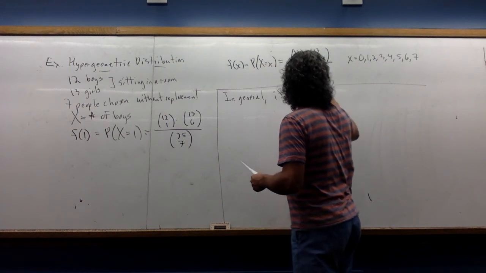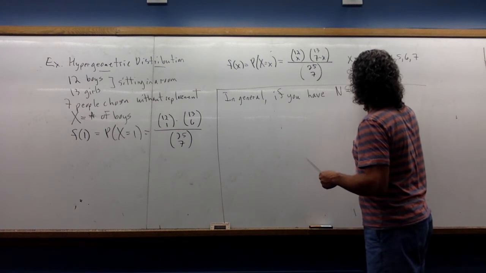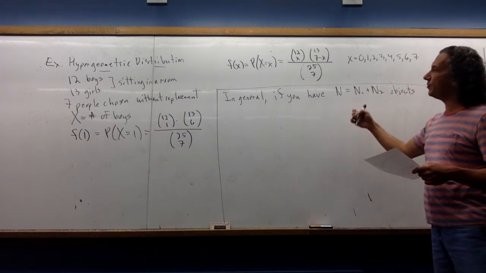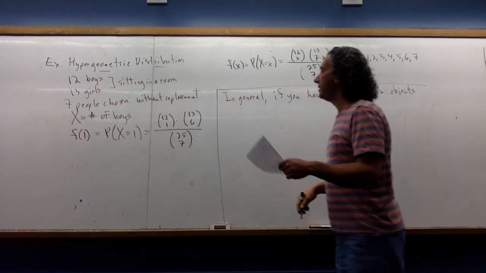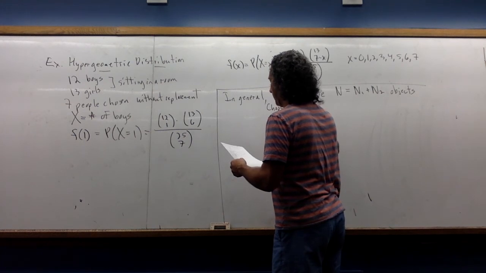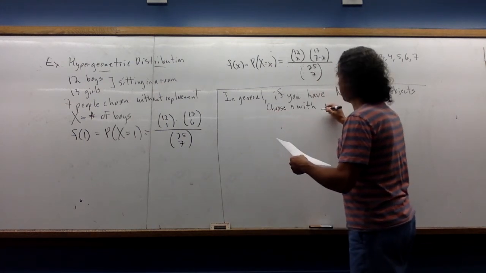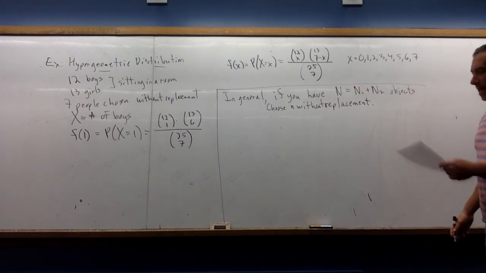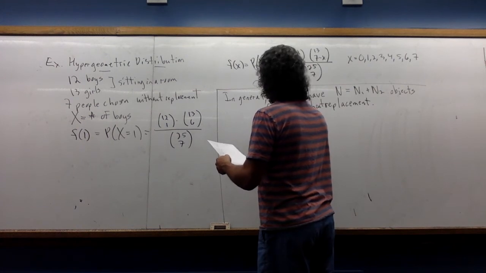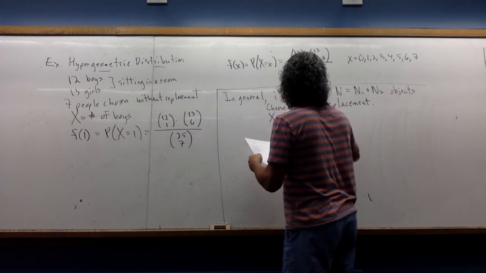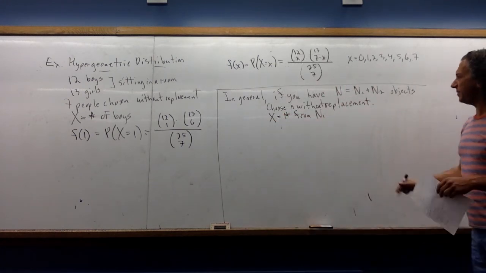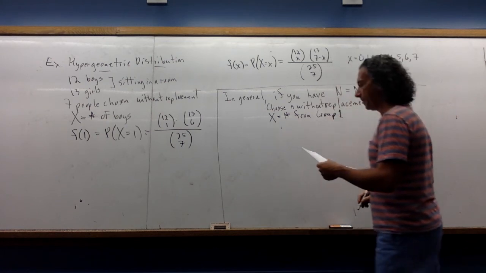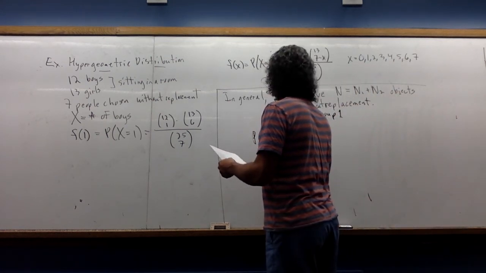If you have 2 classes of things, big N1 of the first group and big N2 of the second group, like boys and girls, and we choose little n without replacement, and let big X be the number from group 1, I want to know the probability that big X equals little x.